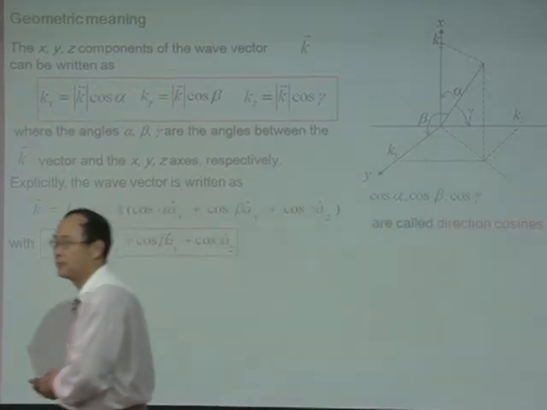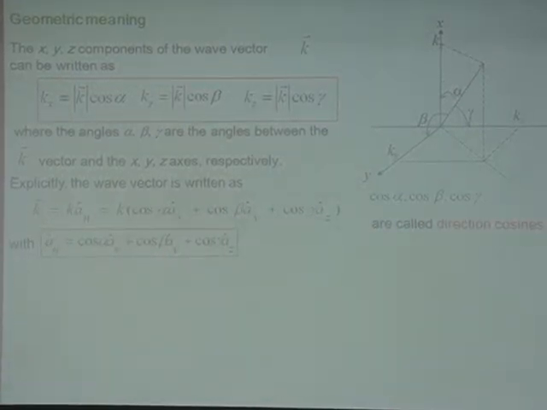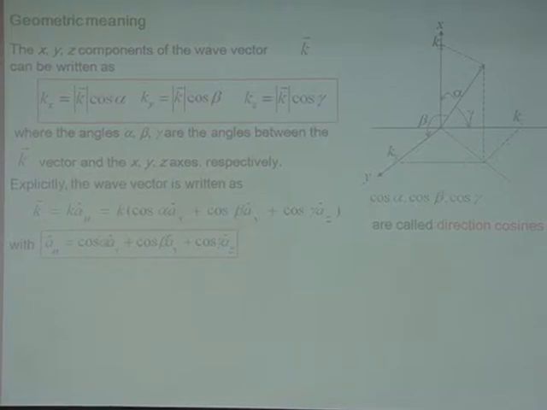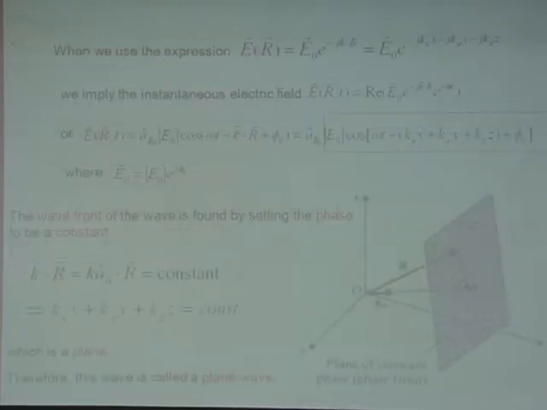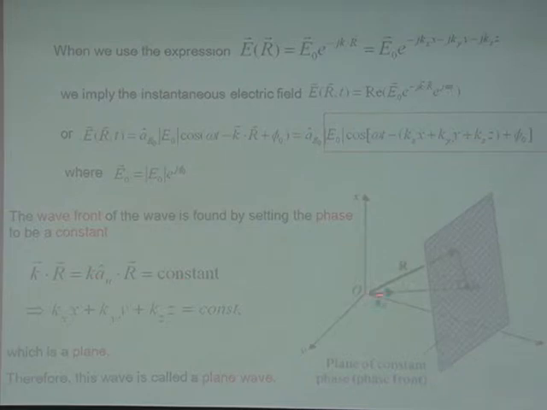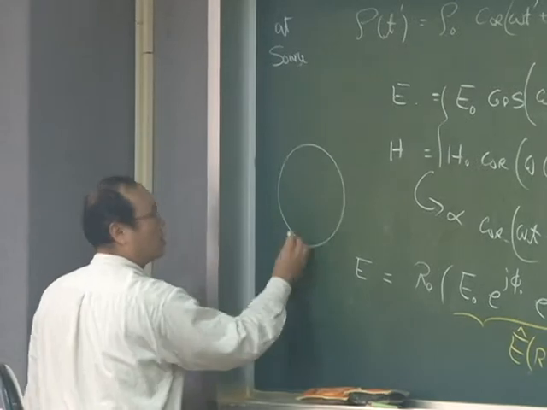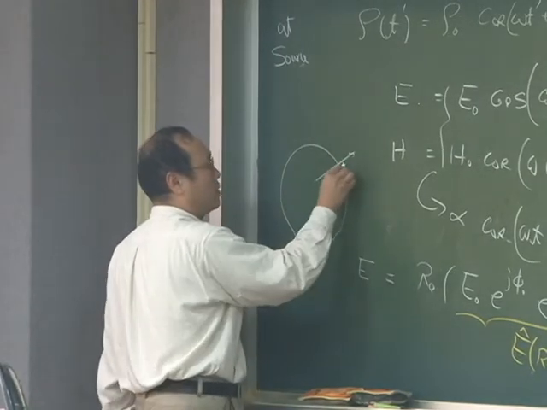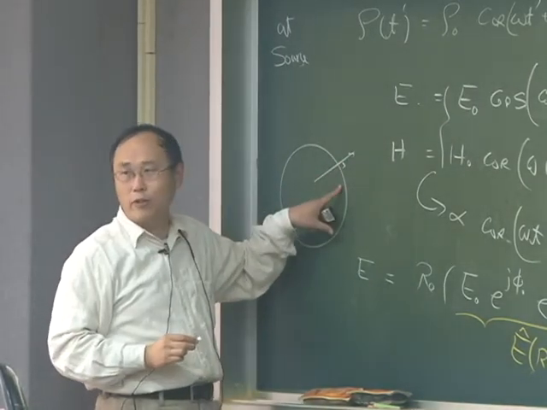Quite clear, right? Now the geometric picture is all there. The direction of k is the direction the wavefront travels. Why? Because from this expression, you know k dot r equals a constant, and k is the direction of this plane. So the whole geometric concept should be very clear. k is the direction of the wavefront. If you have a spherical wave like this, then your k is going to be perpendicular to your wavefront.